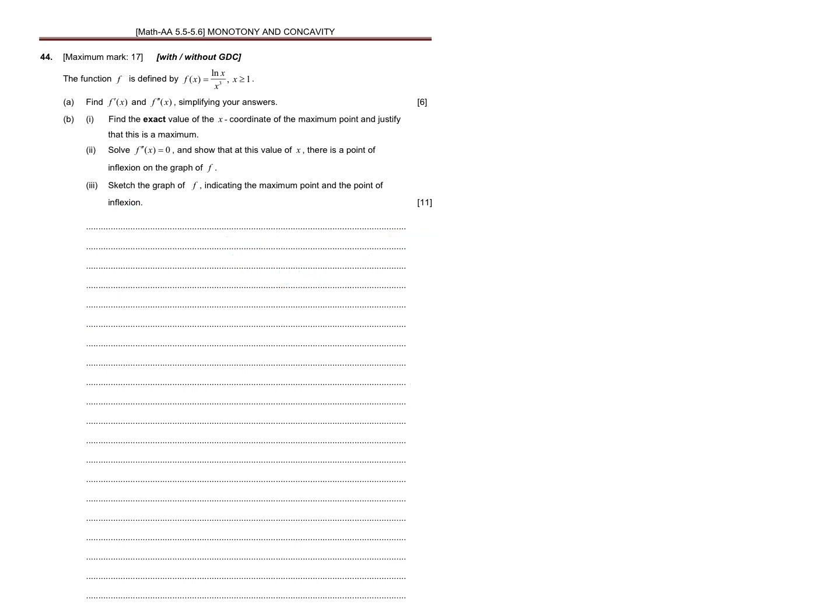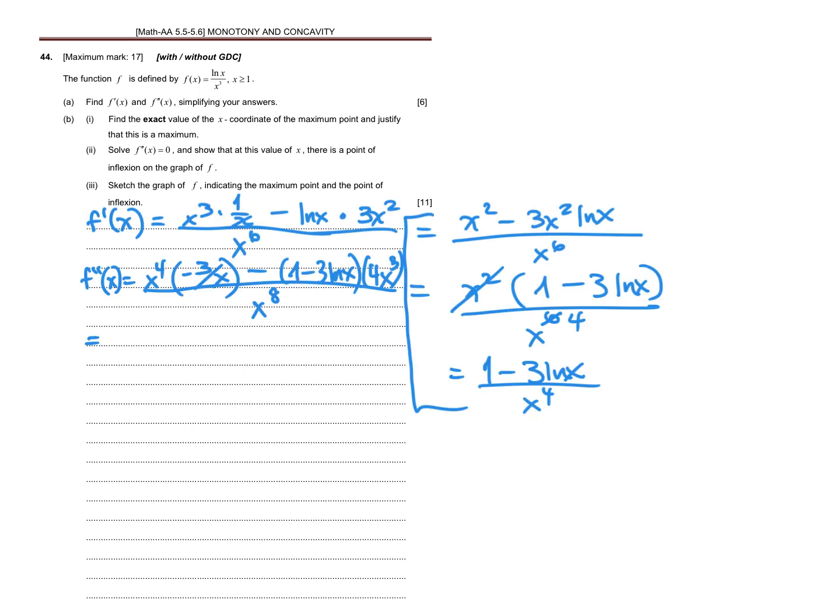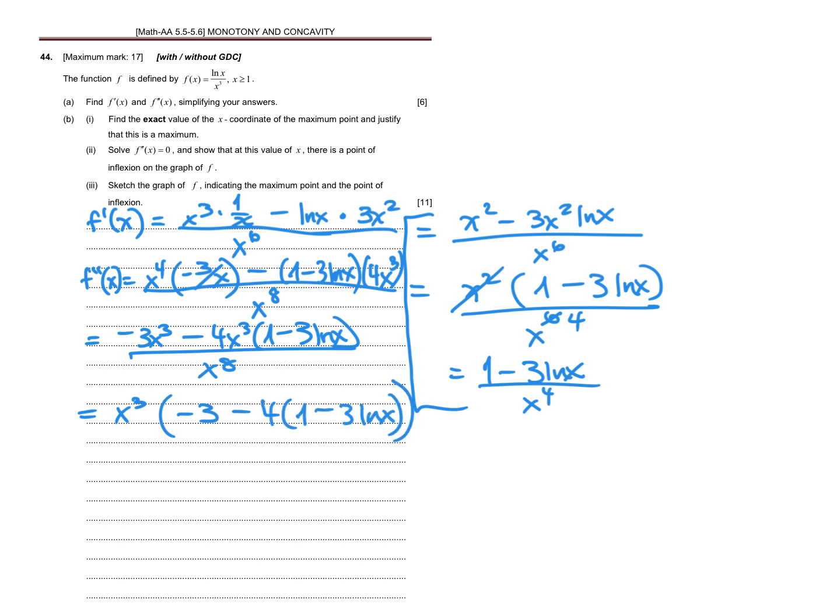So then we will have x cubed, so negative 3x cubed, minus 4x cubed, bracket 1 minus 3 natural log x over x to the 8th. And we can factor out an x cubed, and that's going to be negative 3 minus 4, and then over x to the 8th. So that will cancel, only x to the 5th left. And then we have negative 3 minus 4, which is negative 7, and then plus 12 natural log x, and that's over x to the 5th.